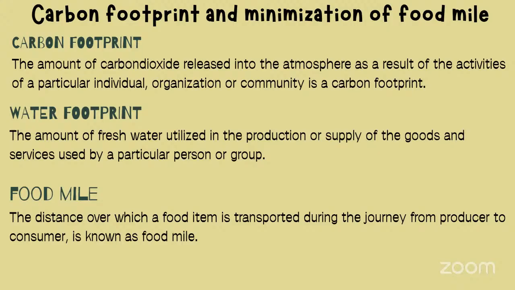So carbon footprint means the amount of carbon dioxide that is released to the atmosphere due to a particular organism. It can be an individual, organization, community. Okay, the amount of carbon dioxide released to the atmosphere. So you guys tell me, are we supposed to increase the carbon footprint or decrease the carbon footprint?